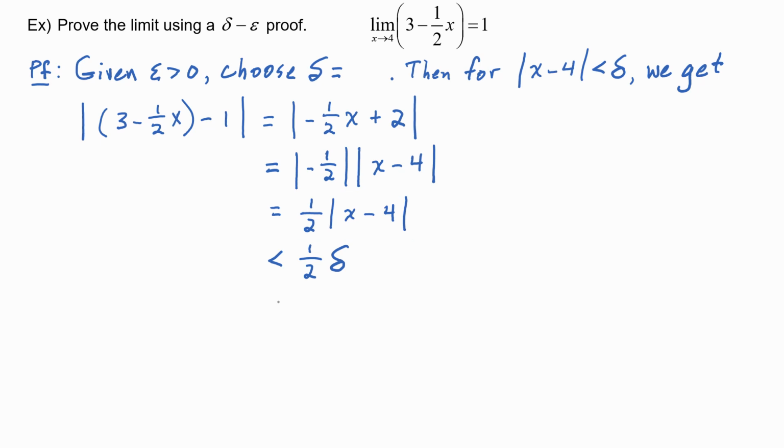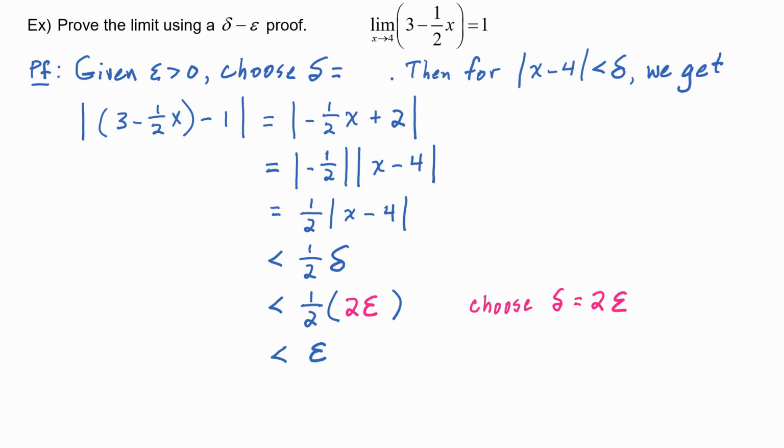Now what we want to do is figure out what delta needs to be so that when I take 1/2 times whatever I pick for delta, it will end up being less than epsilon. So at this point is where we can choose delta to equal 2 times epsilon, because we see if we put that in here, 2 times epsilon, then the 1/2 times 2 cancels out, and we are left with epsilon.